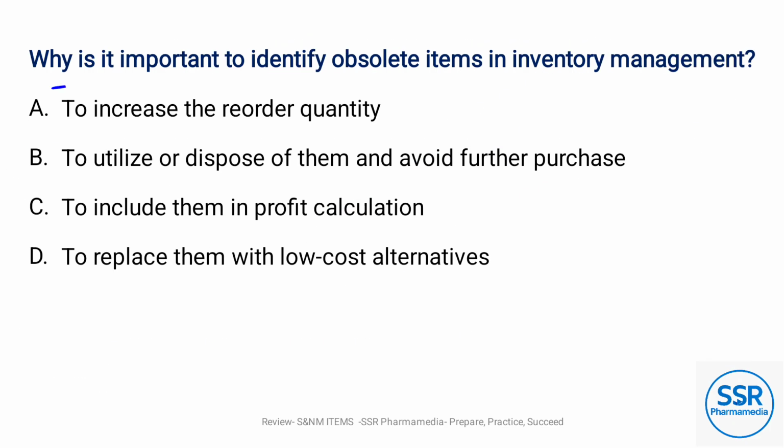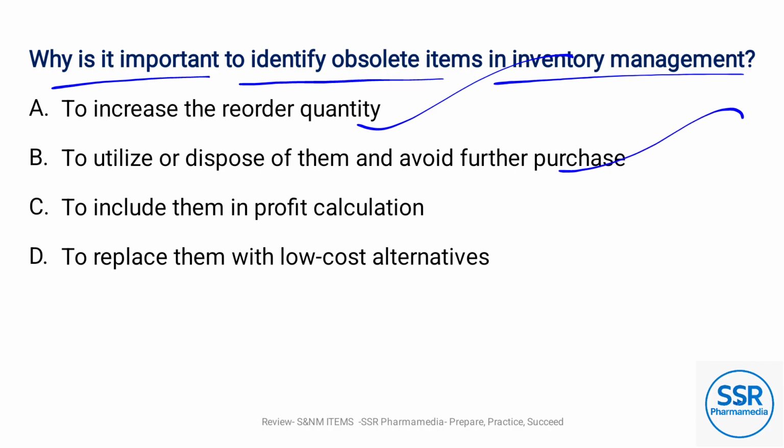Next question. What is important to identify obsolete items in inventory management? Option A, to increase the reorder quantity. Option B, to utilize or dispose of them and avoid further purchase. Option C, to include them in profit calculation. Option D, to replace them with low cost alternatives.